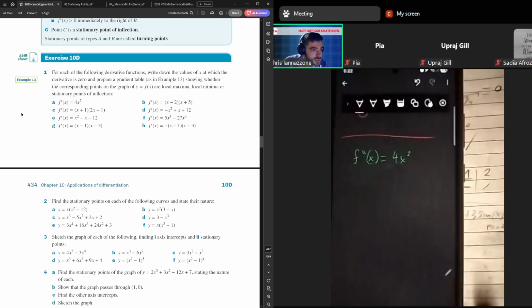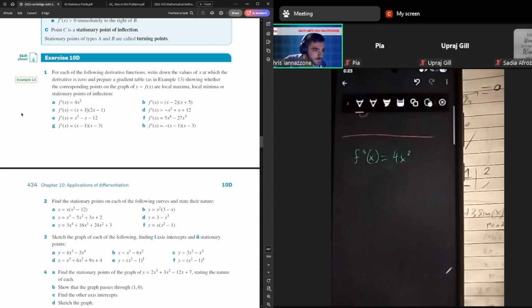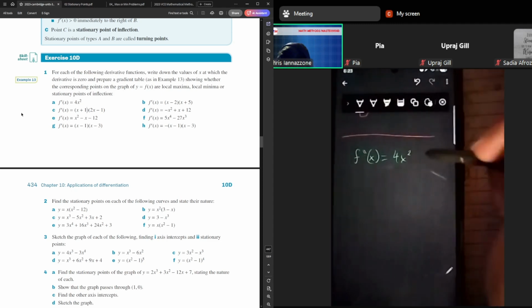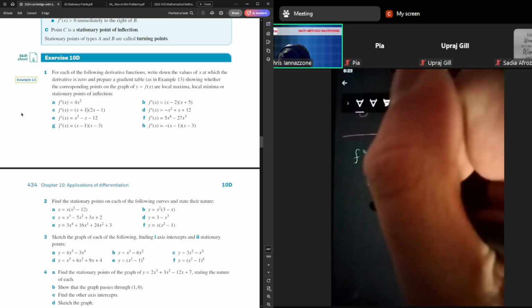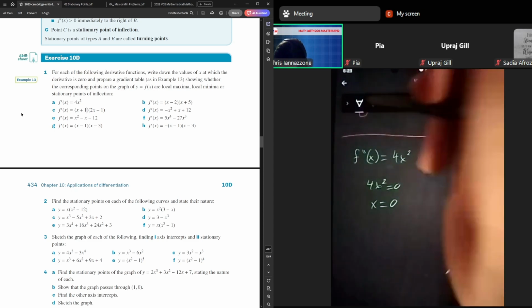So the whole goal here is to figure out where the stationary points are, and then after that, figure out what type they are. Now, we've been given f dash right off the bat, so when it comes to finding stationary points, it's just gradient equals 0 again. 4x squared equals 0, x equals 0.